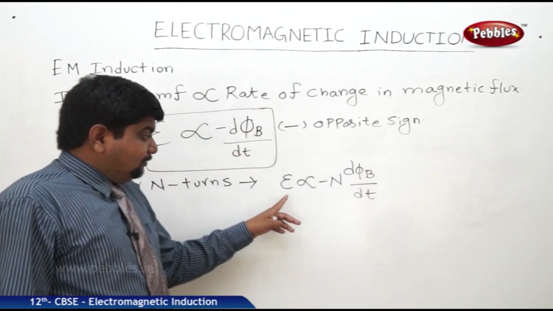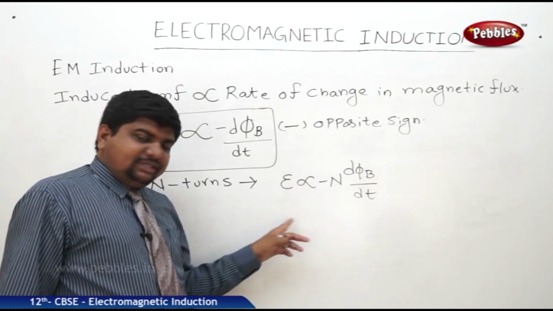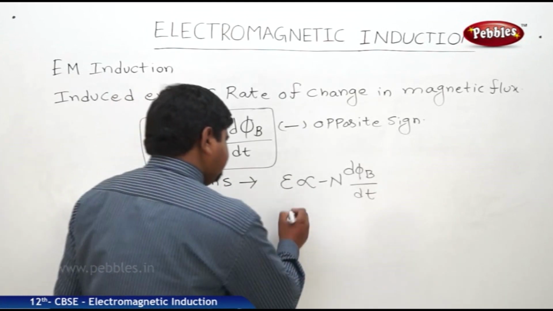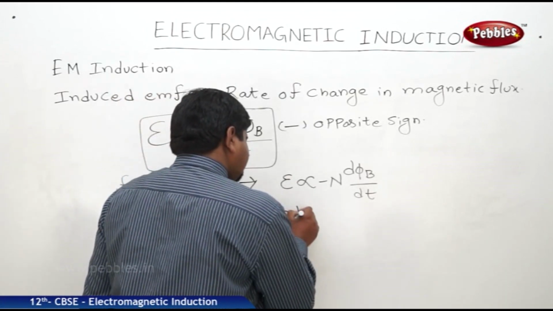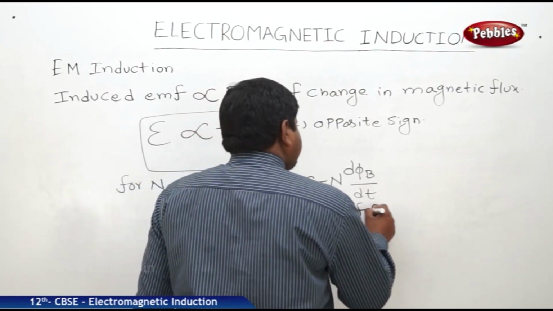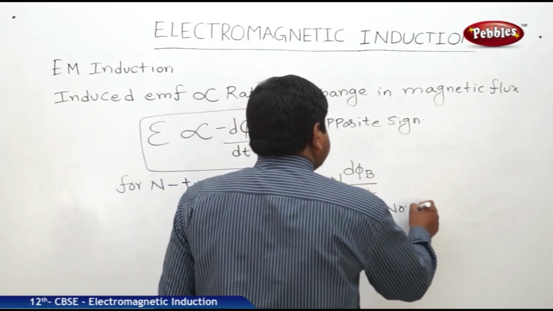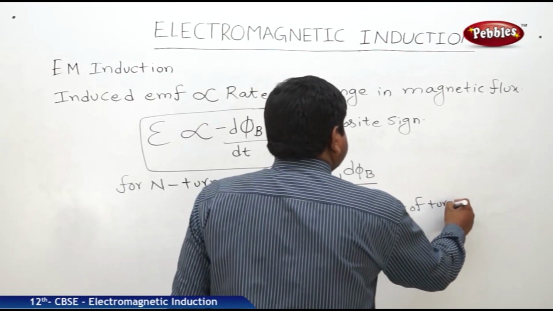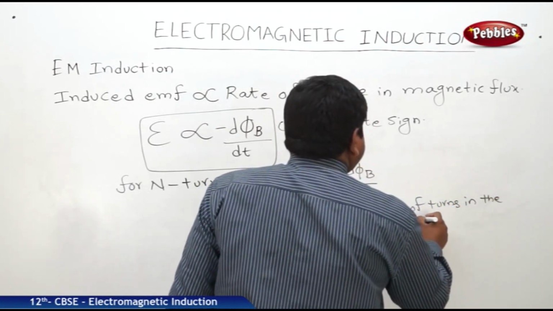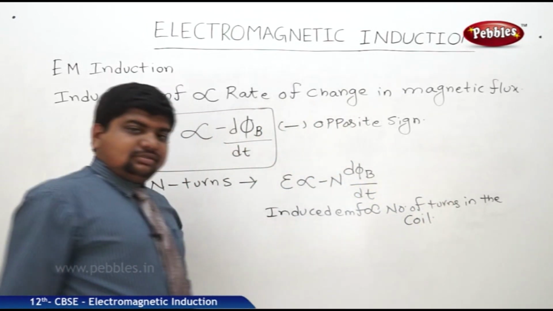That means if you want to increase the induced EMF, you should increase the number of turns in the coil. Induced EMF is directly proportional to the number of turns in the coil.